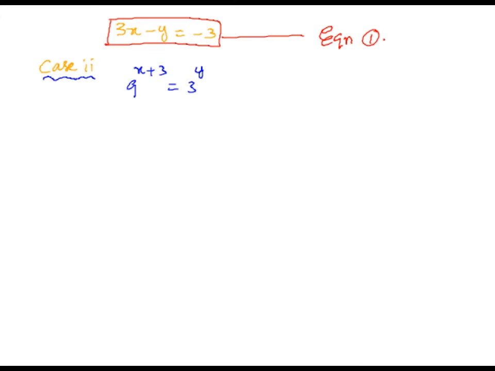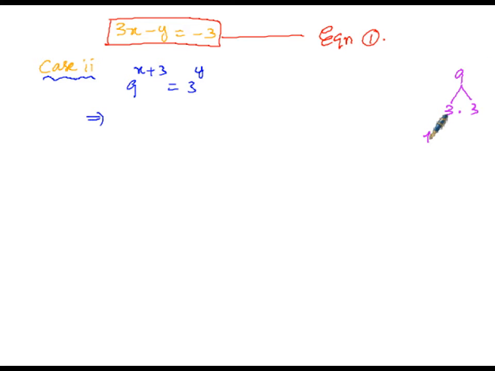So here, the base on the right hand side is 3 and the base on the left hand side is 9. I want to write this 9 as 3 into 3. 3 3 is 9.